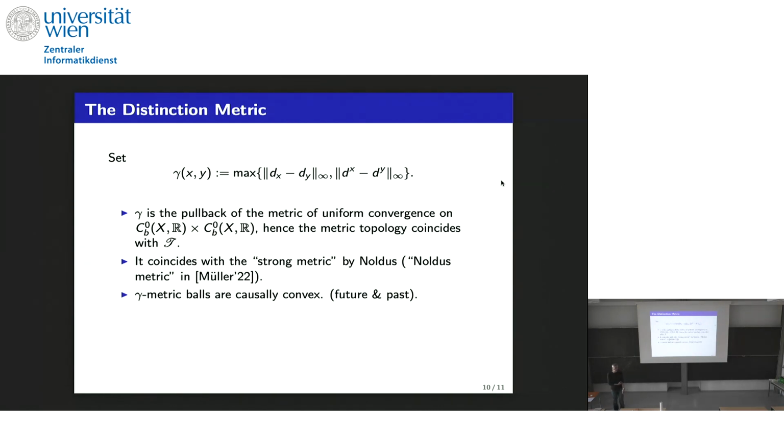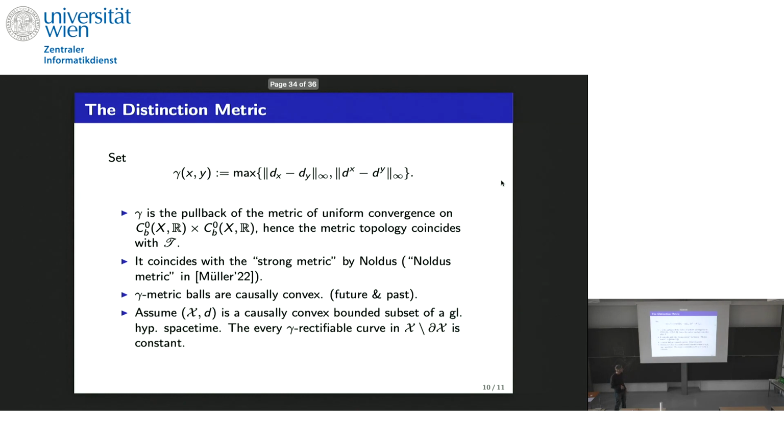Next nice feature of this metric is that the metric balls are causally convex. If you have two points in a metric ball, then the entire causal diamond will be contained in there, which is a nice feature. The not so nice feature is the following. If you take one of those causally convex bounded subsets of a globally hyperbolic spacetime, then there are no non-trivial rectifiable curves.